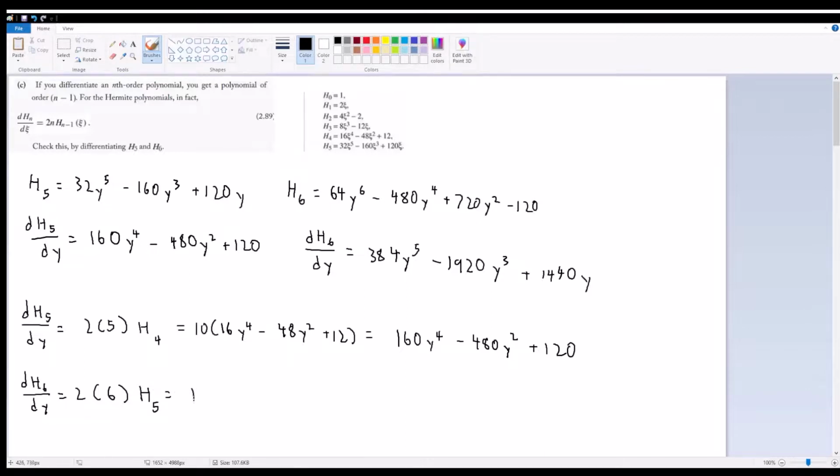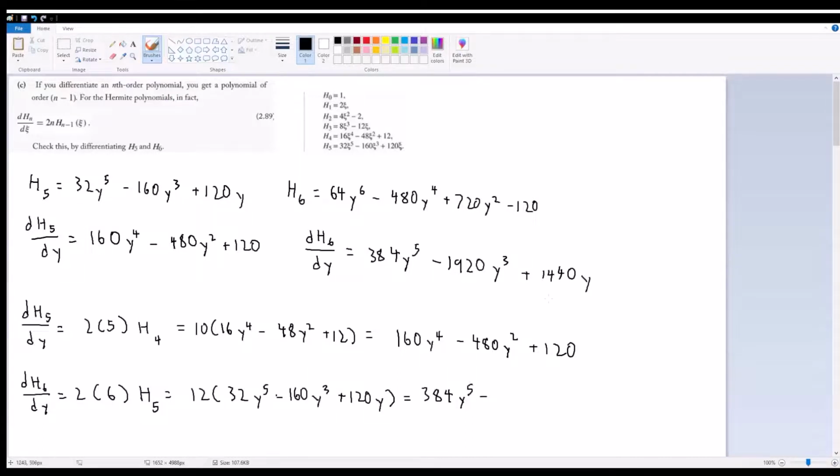This is going to give us 12 times H5, which is 32y^5 minus 160y^3 plus 120y. I'm too lazy to do the math for 12 times 32, so I'm just going to plug this into my calculator. 384 times y^5, minus 160 times 12.